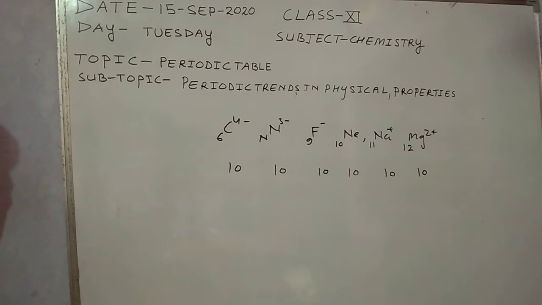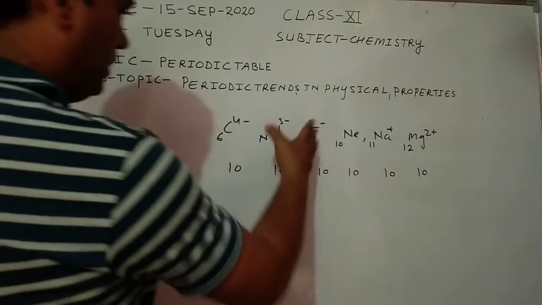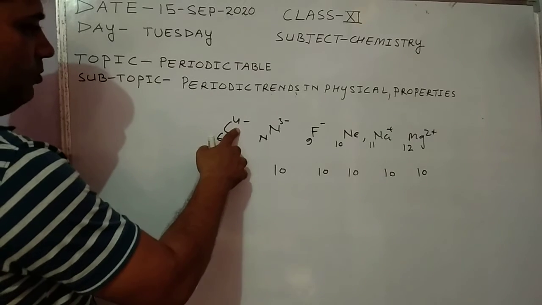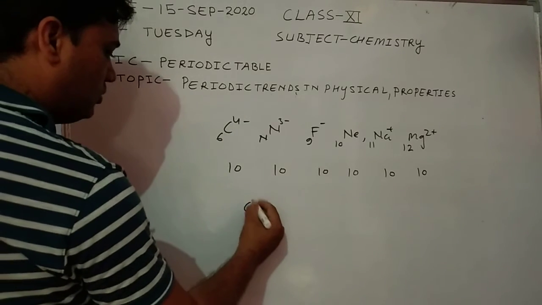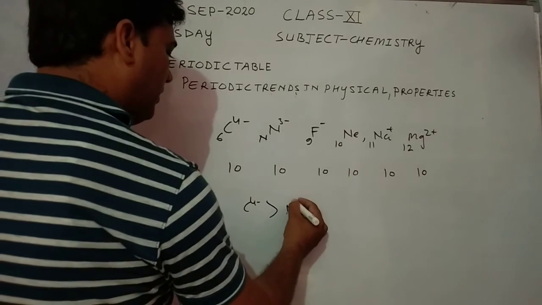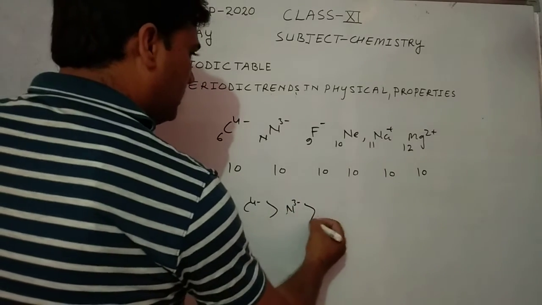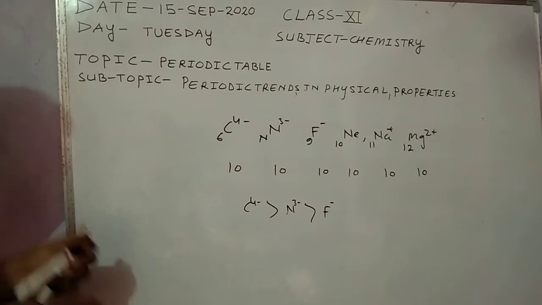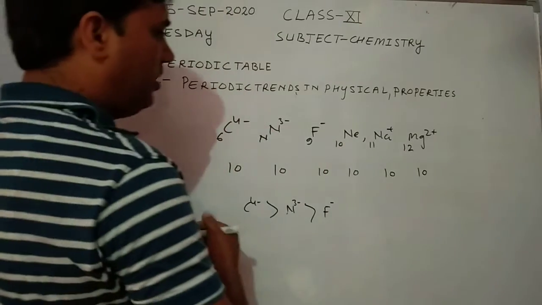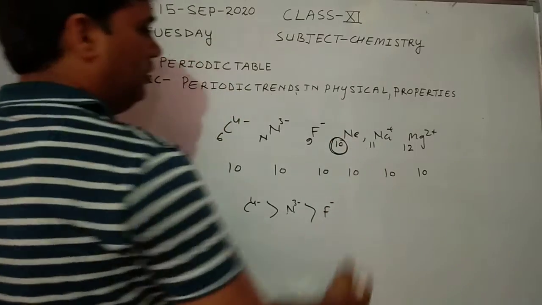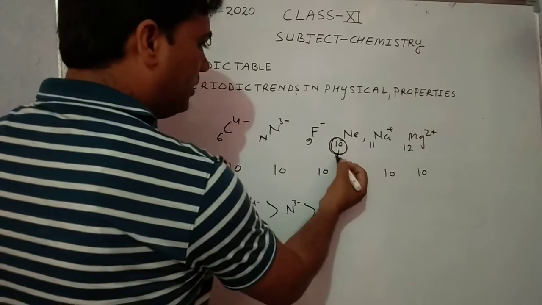First of all, the decreasing order of the size. It contains more number of negative charges, so C4 minus, the size of C4 minus is greater than the size of N3 minus, which is greater than the size of F minus. Okay. So in neon, the number of electrons is 10 and the number of protons is equal to 10.